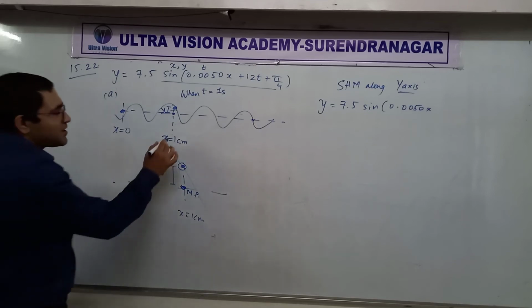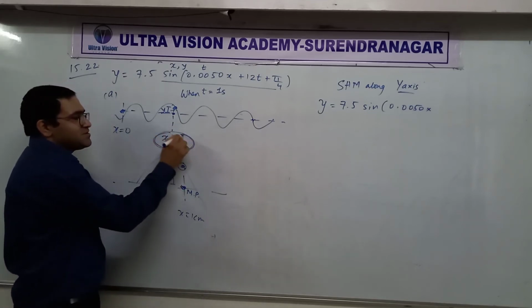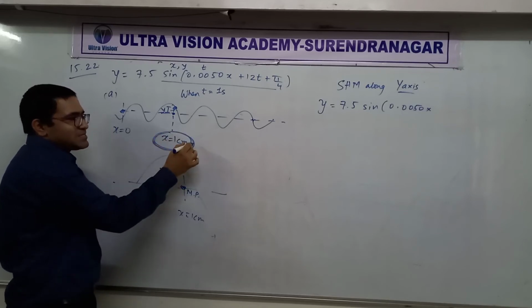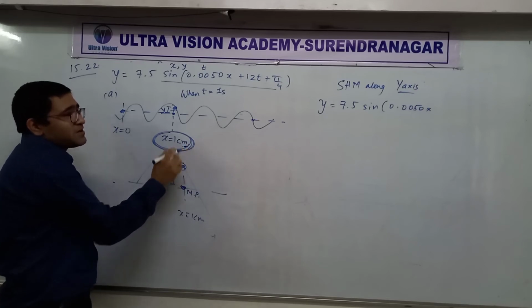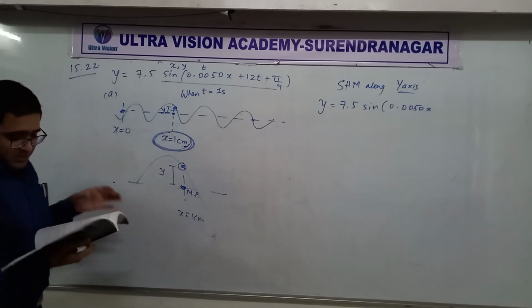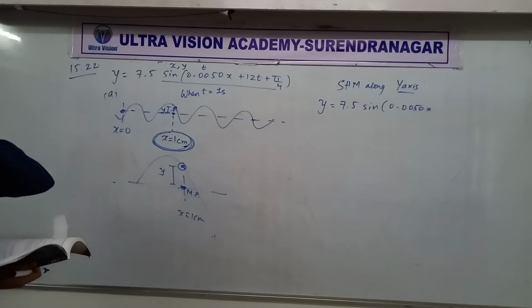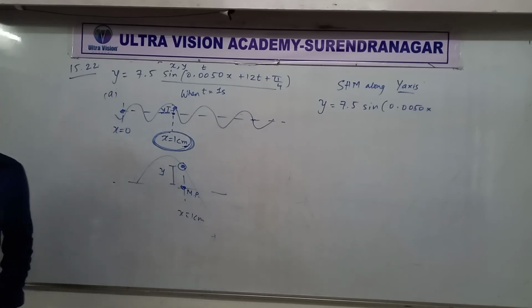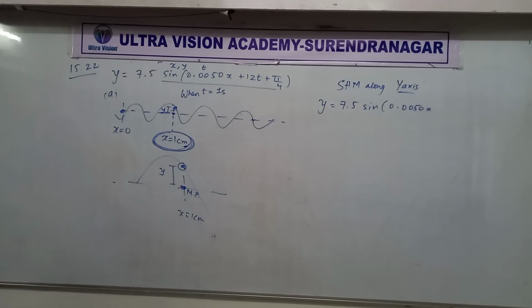Do you see centimeter written anywhere else except this? In the equation, is it given that x is in centimeter or meter and y in something? No. That means we have to guess.